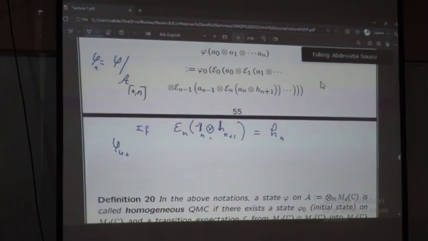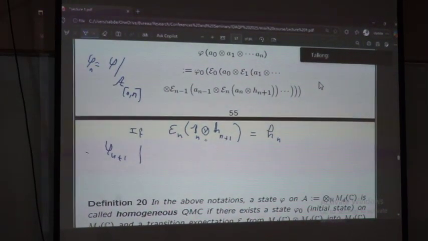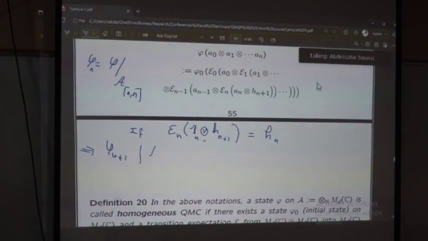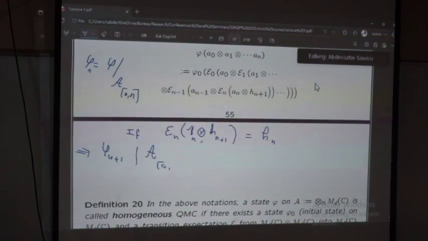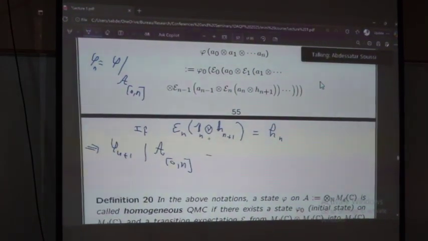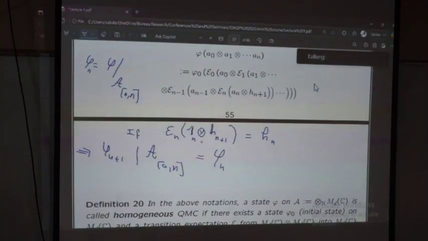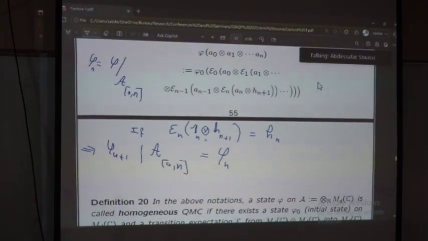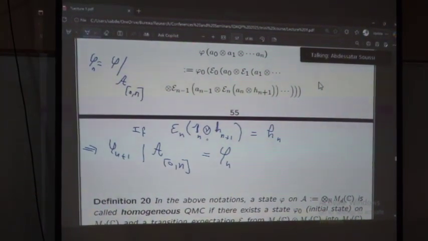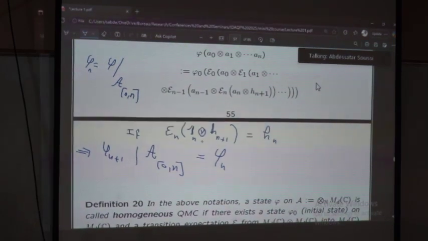It means phi n plus 1 with respect to the algebra A coincides with phi. And then this sequence is projective, using the quantum analog of the Kolmogorov extension theorem.